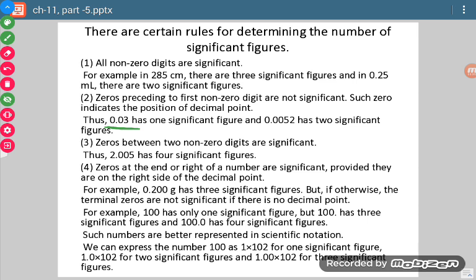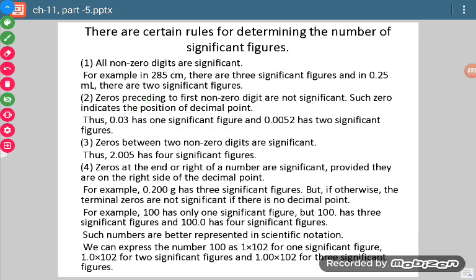So those zeros are non-significant, whereas only 3 is significant. So 0.03 will have one significant figure. Similarly 0.0052 will have 2 significant figures.